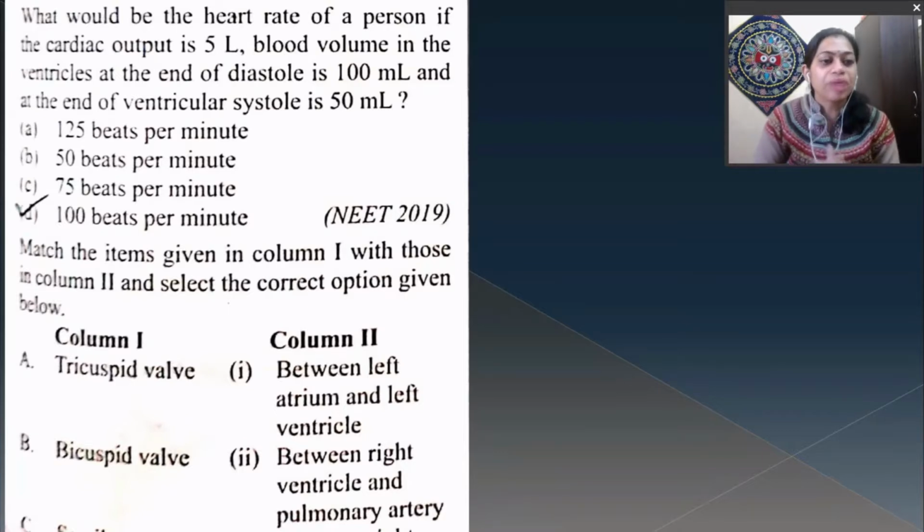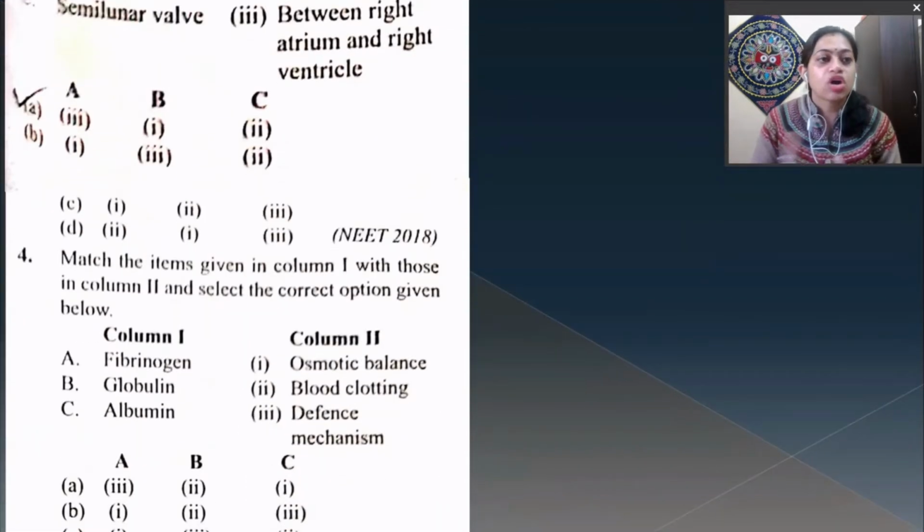Right, now match the items given in column 1 with those in column 2 and select the correct option given below. Tricuspid valve, bicuspid valve, semilunar valve. Here tricuspid valve between left atrium and left ventricle, bicuspid valve between the right ventricle and pulmonary artery, so this is wrong. Semilunar valve between right and heart.